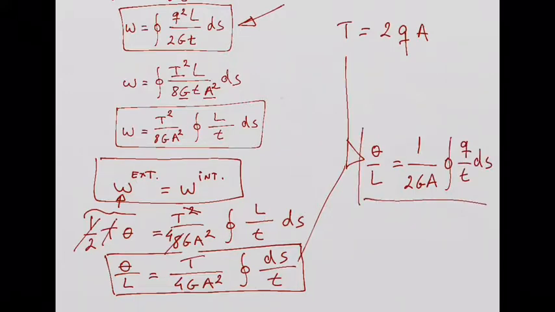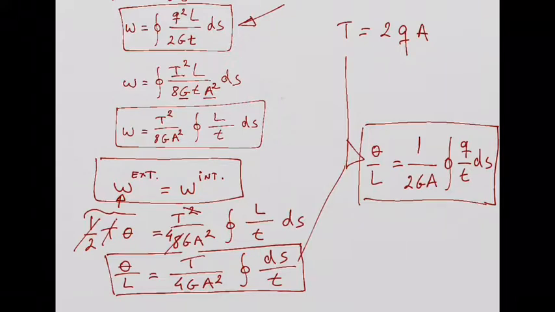Okay? In fact, this is the expression we are going to use more. So I sent the Q inside now the integral, because when we are working with a single cell the torque is constant. But if you have a multicellular cross-section, the shear flow for the different cells can be different. That's why I had to move it inside the integral, contour integral, okay? It cannot be sent outside the integral. And this expression is, in fact, the expression we are going to use a lot.